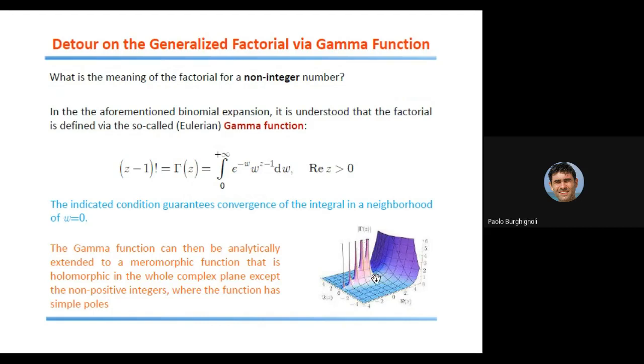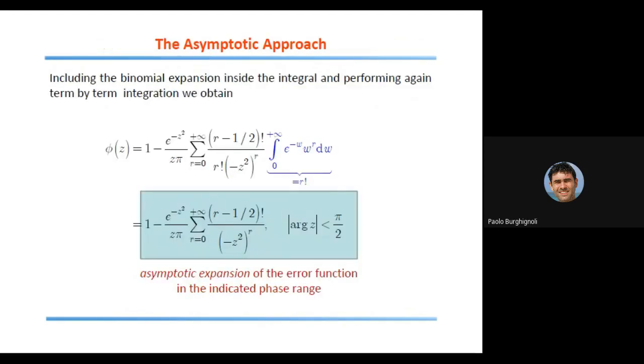And then there is the behavior of the gamma function on the real axis, which is increasing extremely rapidly because it's the factorial, which is a very rapidly increasing function of its variable. Okay, it turns out that the gamma function is an analytic function except for those poles, and so therefore it is a meromorphic function. Okay, having said what we mean by a factorial for a general complex argument, then we come back to our series.